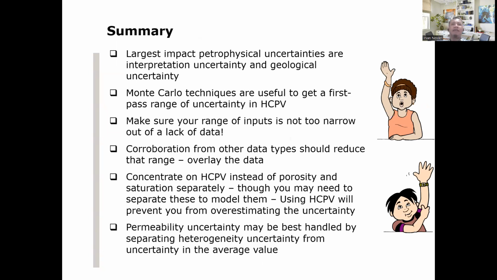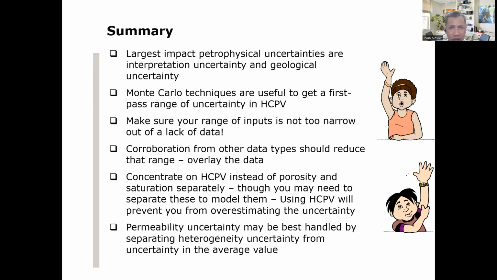So, in summary, in dealing with the main uncertainty in petrophysics, the main things that need to be considered are related to the interpretation and the geological factors. The Monte Carlo technique can be used to estimate the range of uncertainty in hydrocarbon per volume.